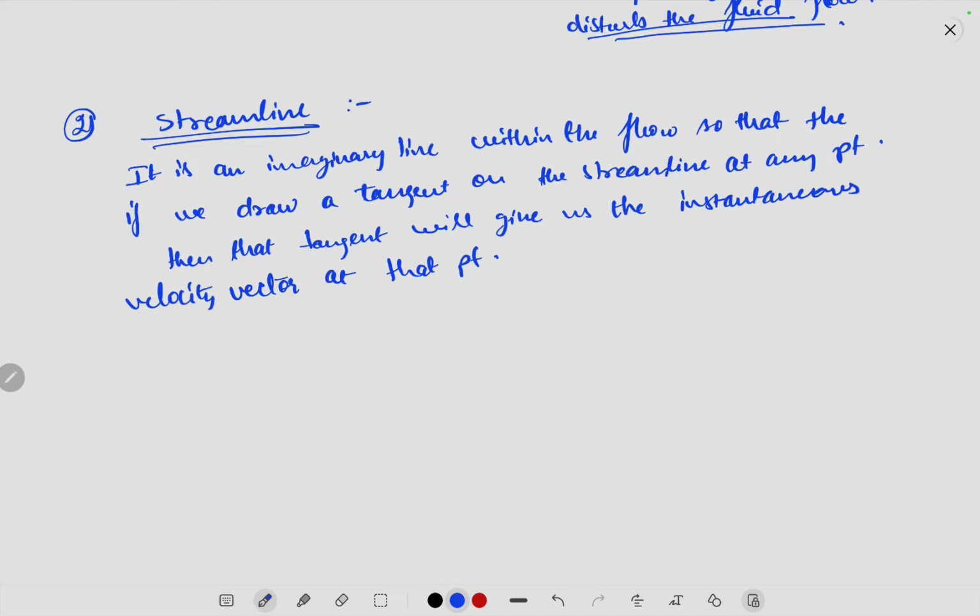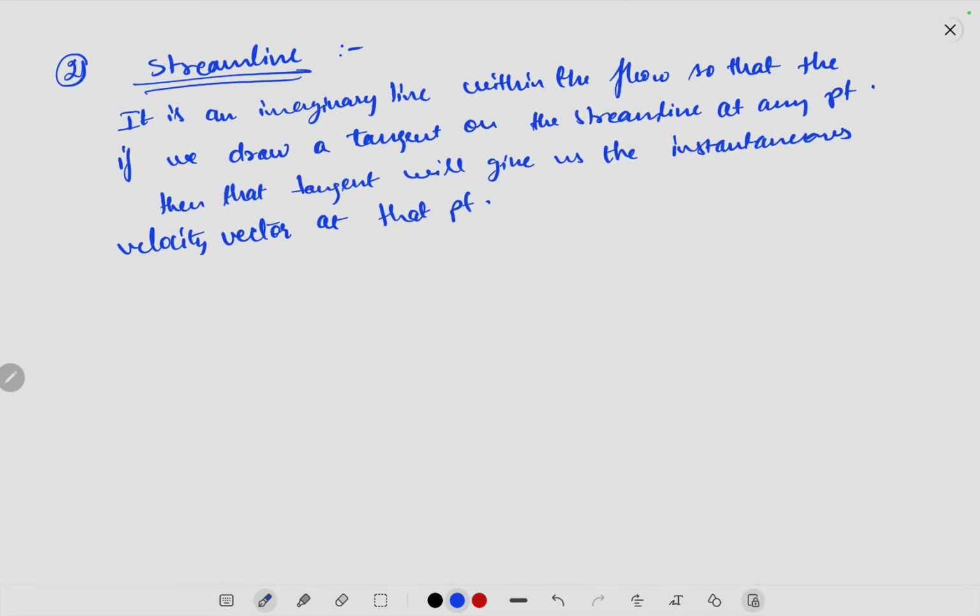Okay, so in the streamline we are not concerned with the individual fluid element.